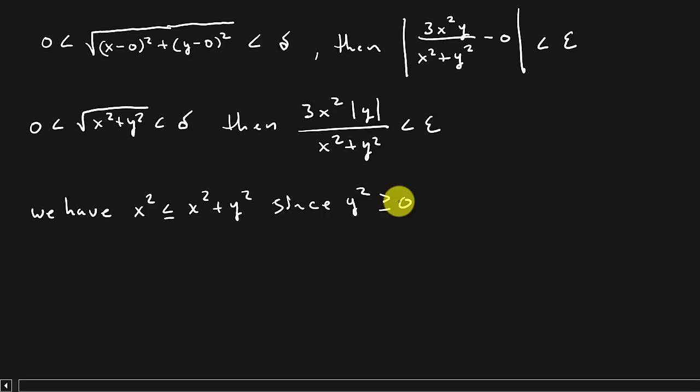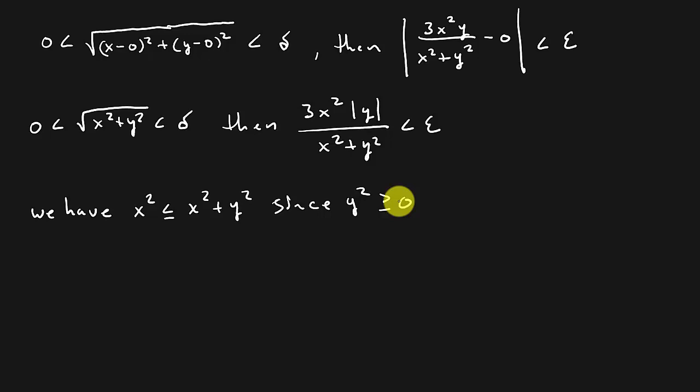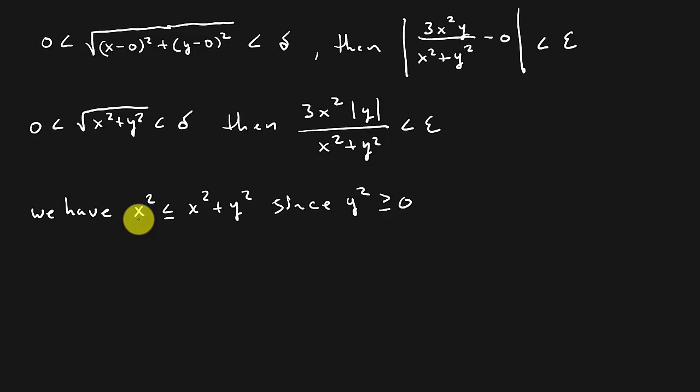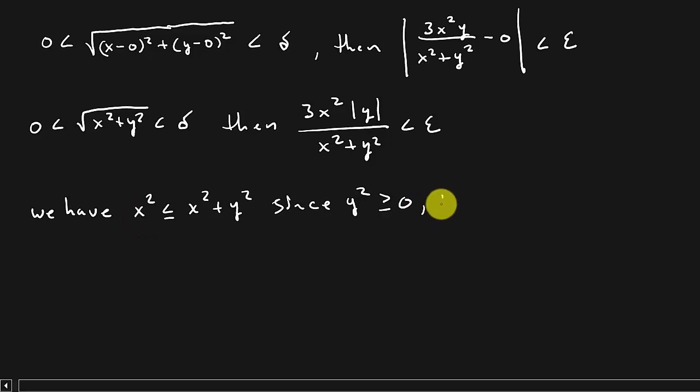If y squared is 0 or positive, then this is either equal to x squared or larger than x squared, right? So that would mean that x squared over x squared plus y squared is less than or equal to 1.